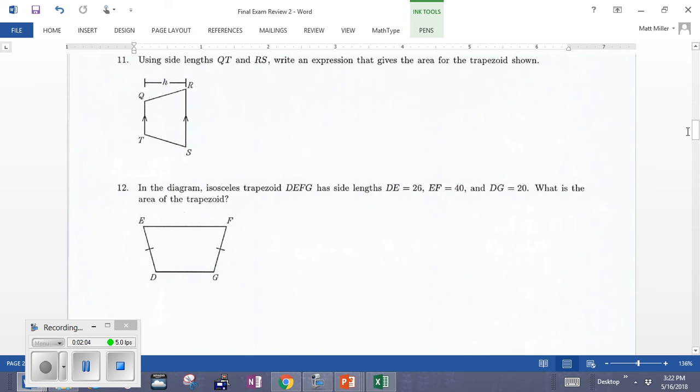The isosceles trapezoid, this one will be interesting. DE is 26, EF is 40, and DG is 20, okay. So it looks like if you pull those up, that would represent the height. So you have to find the height.